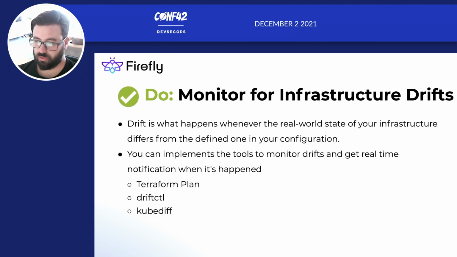Just to make sure everybody here understands what infrastructure drift is: drift is when your infrastructure becomes different from the one you described in your infrastructure as code manifest. It's mainly because somebody made a manual change, but it can also happen through a third-party application, like a CSPM machine, that also writes to the cloud.